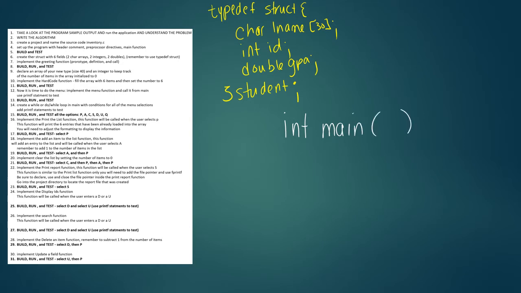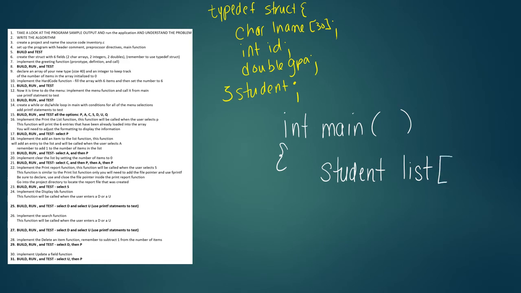all right, so it says to declare an array of your new data type. So in my main function, I'm going to write my new data type, which is student. And I'm going to give it a name. So I'm going to call it list. And I already did the pound define size 40.